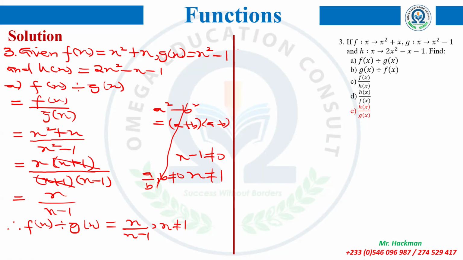So B, what do we have? We are looking at g of x divided by f of x. So I will write this time. I know that this is the same as my g of x, which is x squared minus 1 all over my f of x.